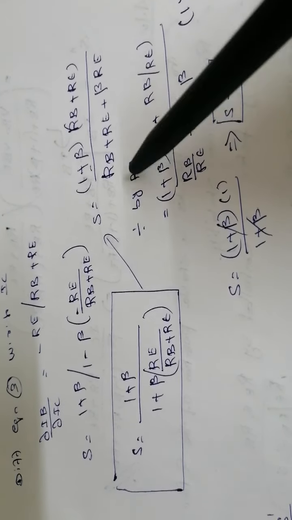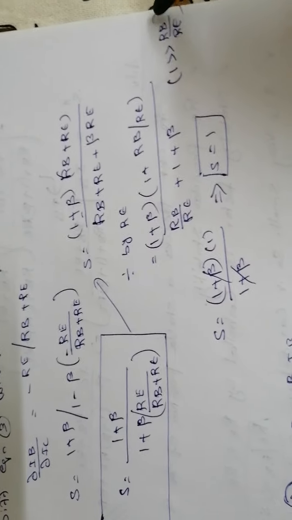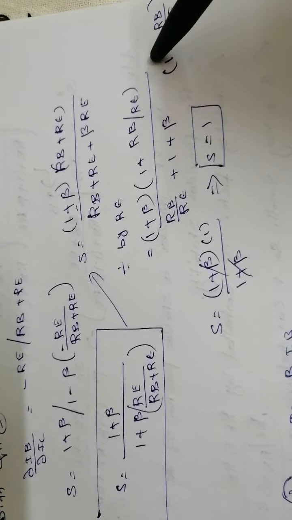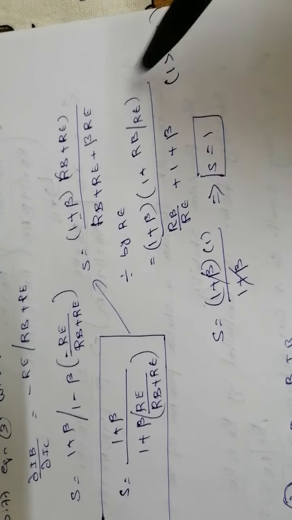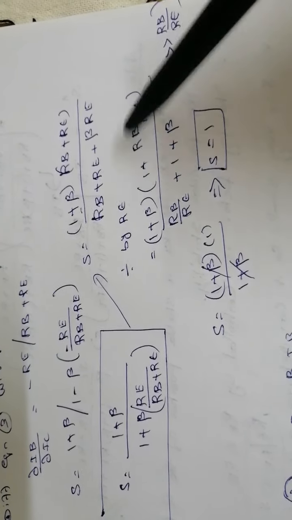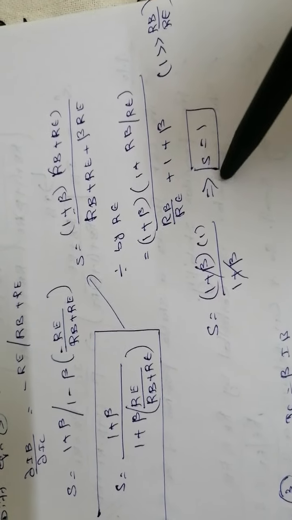So this 1 plus beta term cancels. Now we consider RB by RE is much less than 1, so we can neglect this RB by RE term in both numerator and denominator. Finally we get stability factor equal to 1.